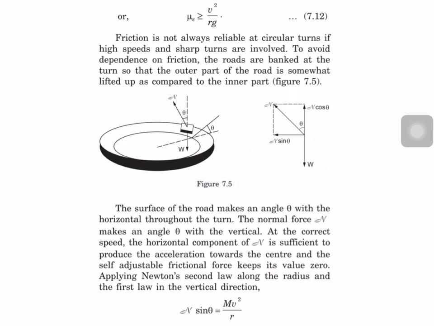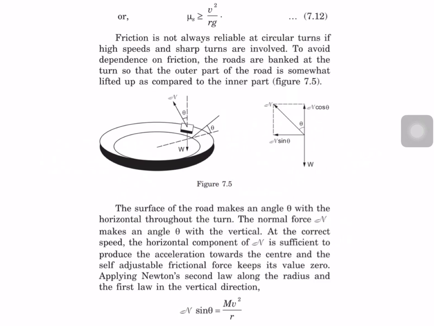Here one more term is there, banking of curved roads. What is the banking of curved roads? The road is constructed so that the outer part of the road is raised from the inner part. That is called a banked road. These banked roads are used to provide sufficient friction to the vehicle when it moves in a curved path.